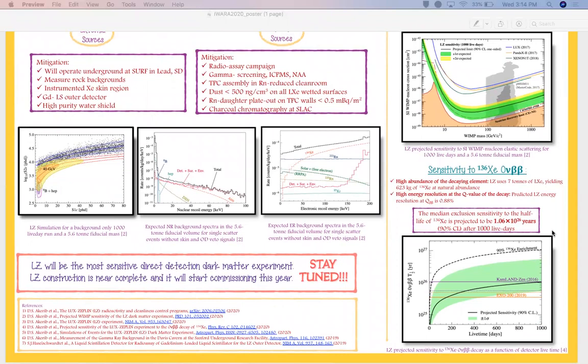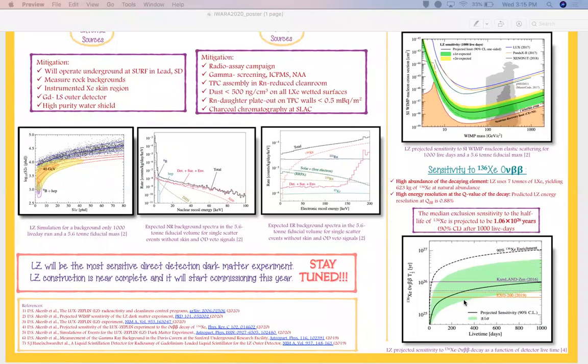Besides the primary goal of discovering dark matter particle interactions, the LZ experiment will also explore xenon-136 neutrinoless double beta decay, since LZ has a high abundance of the decaying element and a high energy resolution at the Q value of the decay.